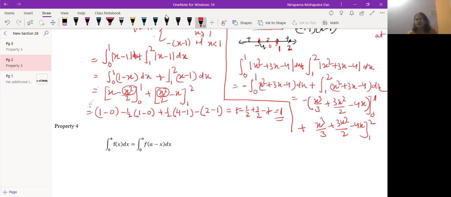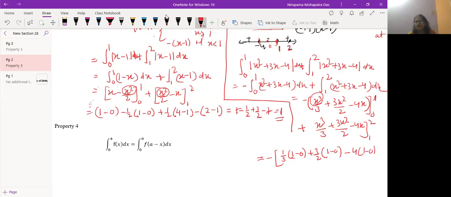Now you can write the final answer: minus of upper limit minus lower limit. So 1 by 3 of x cube, upper limit 1 minus lower limit 0, plus 3 by 2 x square, 1 minus 0 again, minus 4 into 1 minus 0.